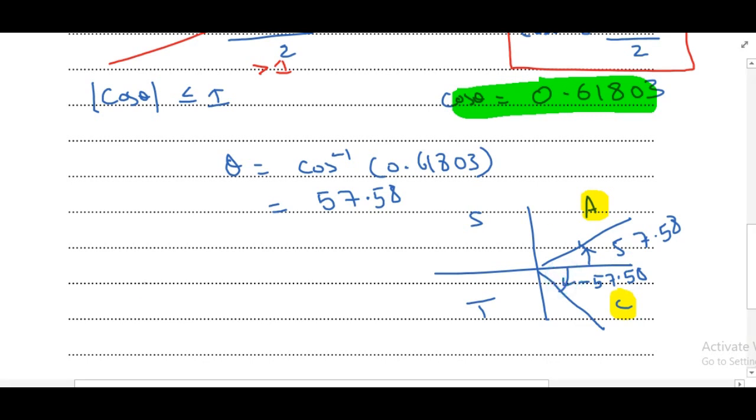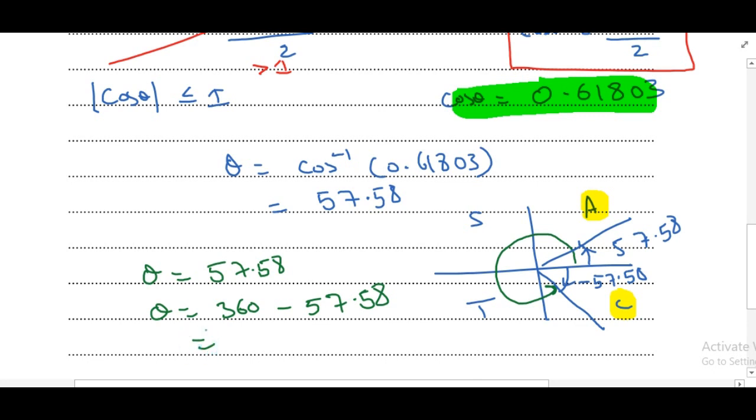Okay, if we calculate it, theta equals 57.58, one answer, and the next answer would be all the way from here till here. So theta equals 360 minus 57.58, that is equal to 302.4. So these are our two values of theta.